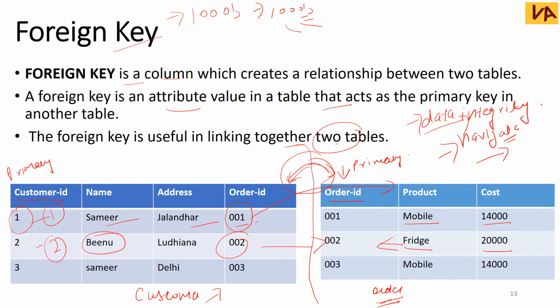But the most important thing is that if you want to make changes or fill in some values in this foreign key attribute, you need to be very careful, because this column is a primary key attribute of another table.